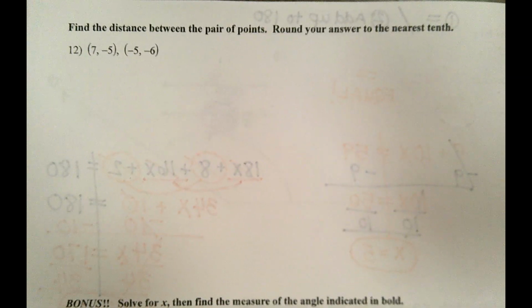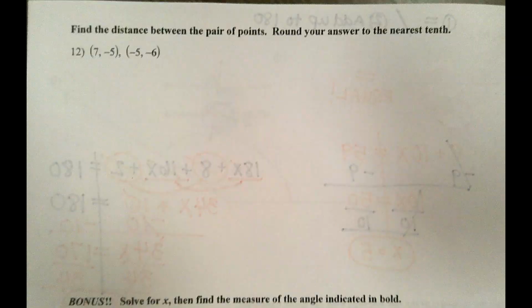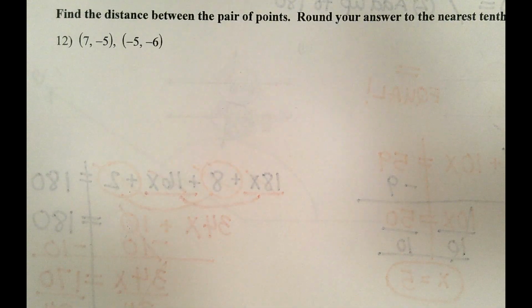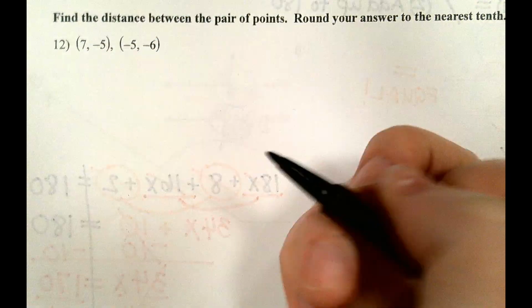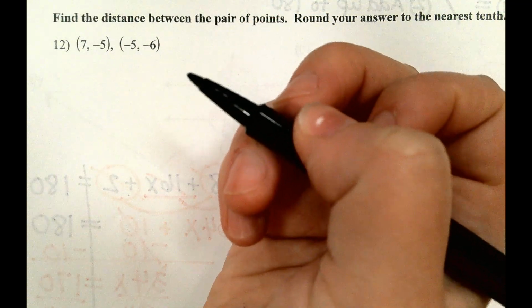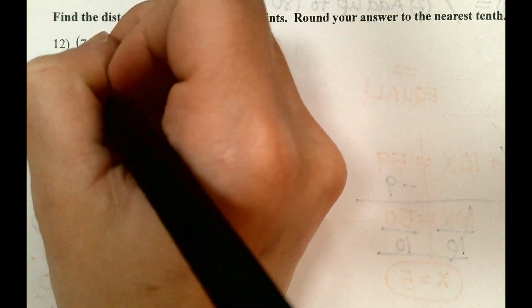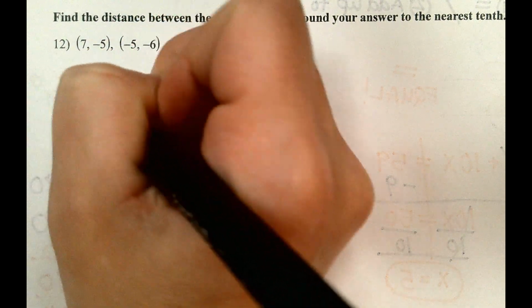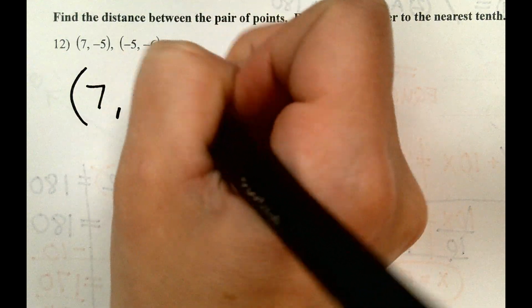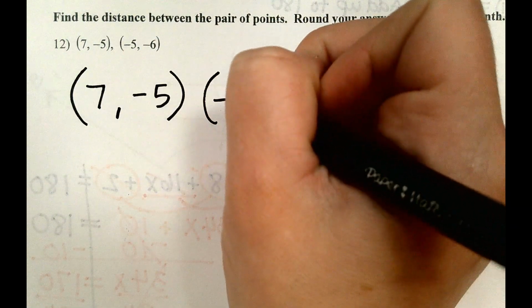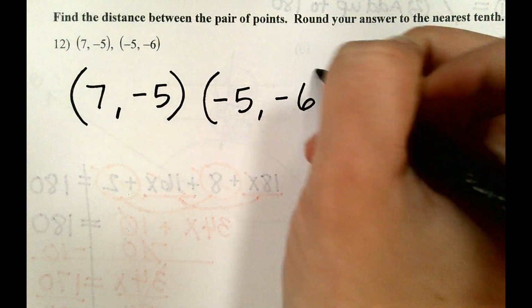So now, last one here. Distance. Now we're using the distance formula. So, same process. I'm going to make my coordinates a little bigger, and we need to label x1, x2, all that stuff. So 7, -5.